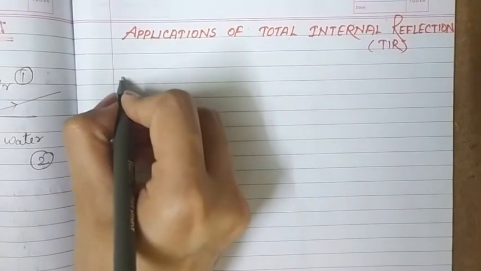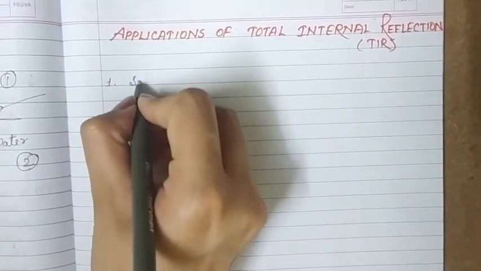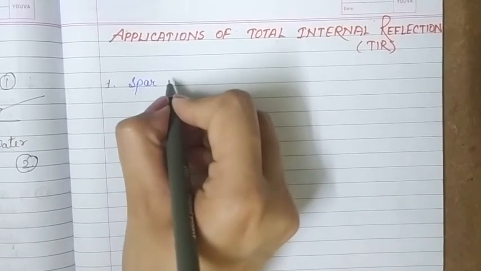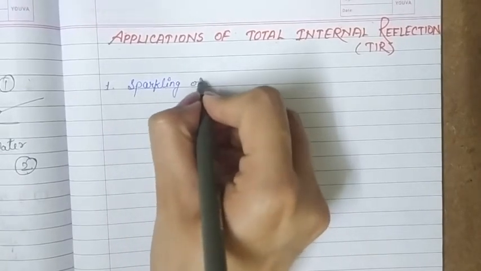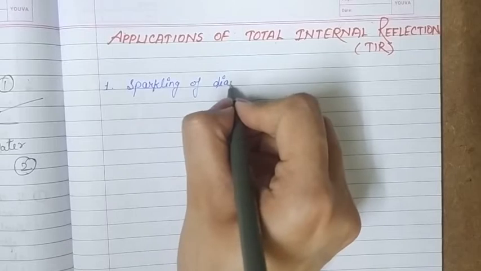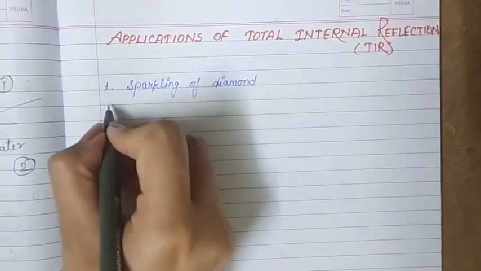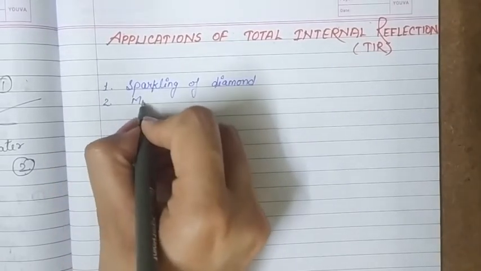First is the sparkling of diamond, which is because of the phenomenon of TIR. Second, we have mirage formation.